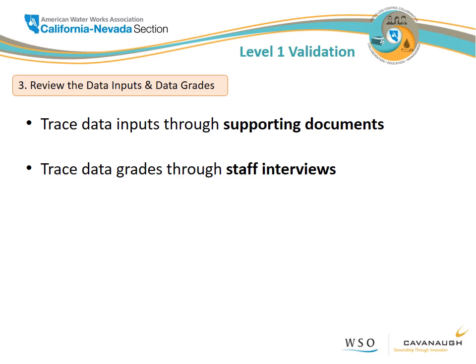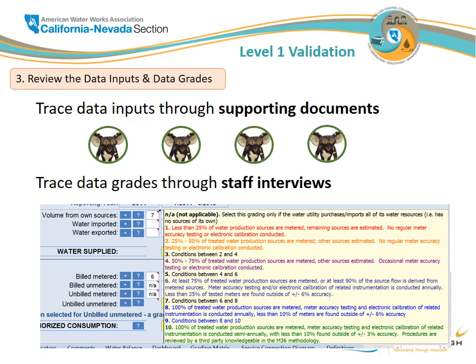Tracing the data grades is done through staff interviews, not relying heavily on those supporting documents. The data grade discussion, as you recall, is largely dependent upon the policies and practices in place at the utility to help inform which number, 1 through 10, is the right and appropriate grade for that particular input as of the audit year.